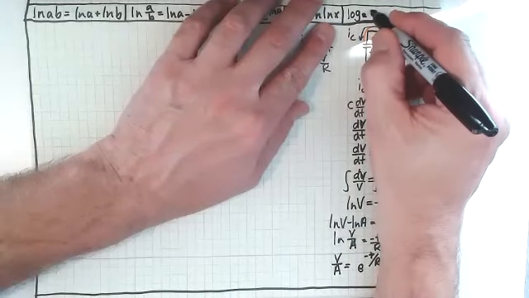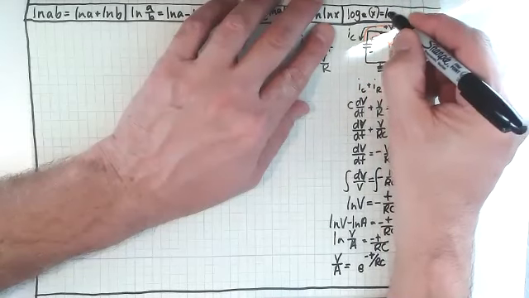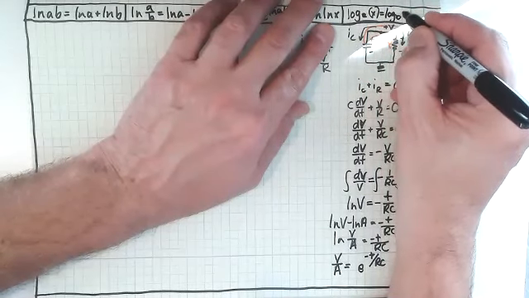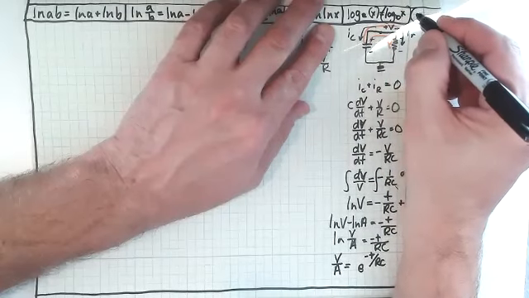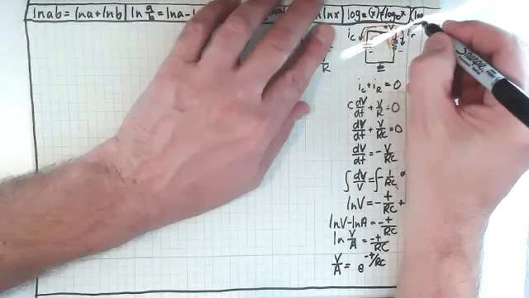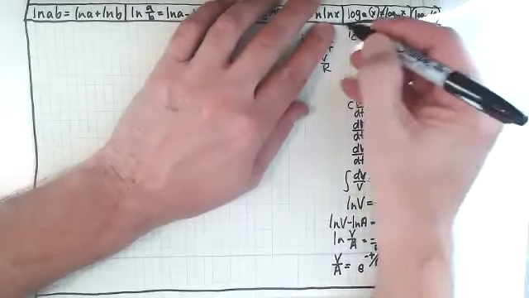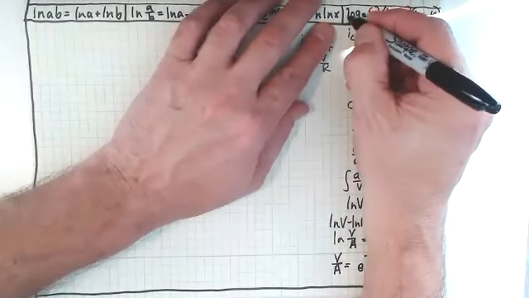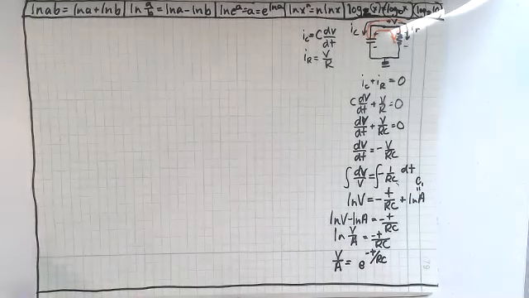Log to the base n of x equals log to the base 10 of x times log to the base n of 10. I'm just using an example. You can switch between any logs there. Log to the base 2, log to the base 8. So that's just an example of that.